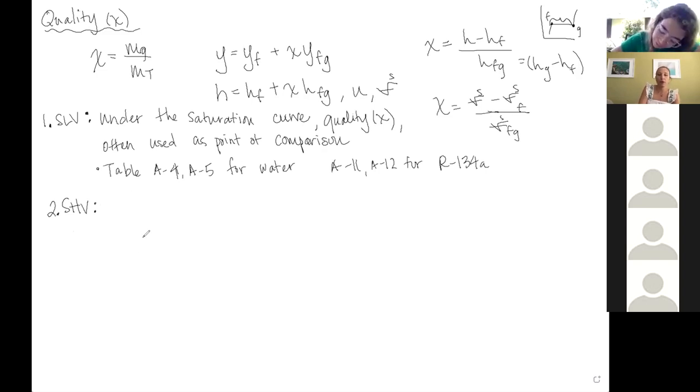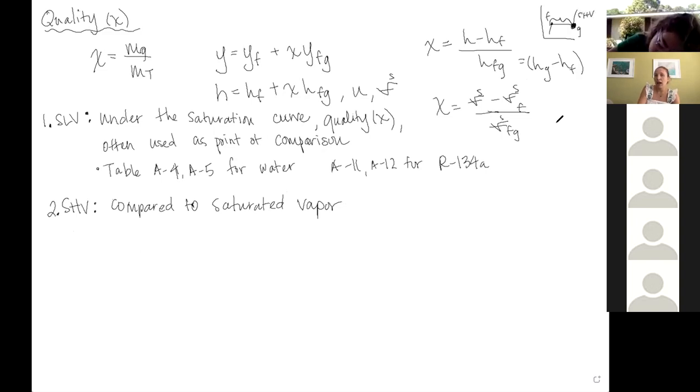When compared to a saturated vapor, so when we're comparing it to just this saturated vapor here, we have a superheated vapor up in that higher graph point. So when we're comparing just to a saturated vapor, we're at a lower pressure.